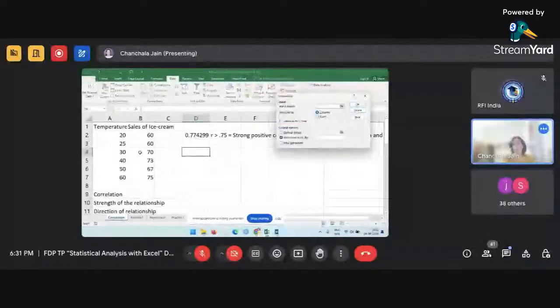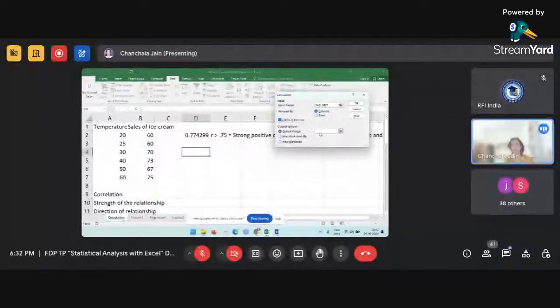I have given my range including the labels. Data is grouped in columns and labels are selected, so I'm selecting this checkbox. Output range is this. I'm giving a blank cell reference on the same sheet to provide the output. I think I'm all set to get the output. So may I click on OK?